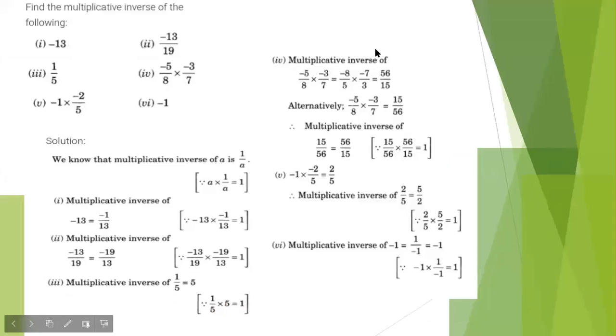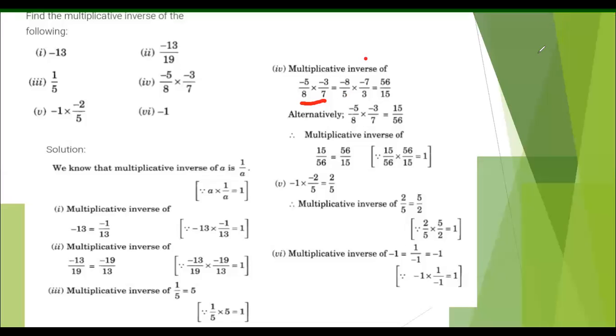So here the question says minus 5 by 8 multiplied by 3 by 7. So how do we write the multiplicative inverse? It's really very easy. You just write the multiplicative inverse of minus 5 by 8, which is minus 8 by 5. And for minus 3 by 7, it's minus 7 by 3, right? And now what do you observe? 8 is multiplied by 7 to get 56 and minus into minus is plus, right?